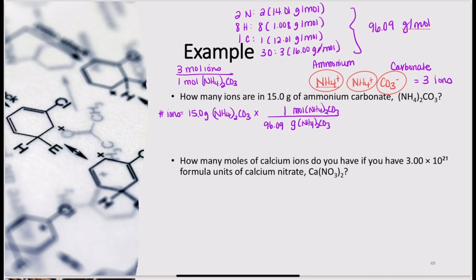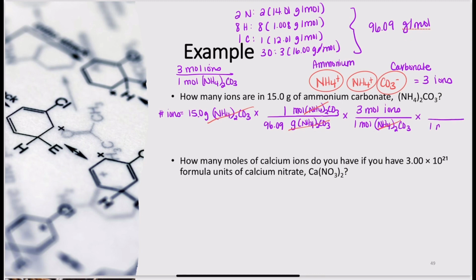So this correlation here just cancels out my grams, gets me to moles of ammonium carbonate. Now I can say, well, I know I have 3 moles of ions for every 1 mole of ammonium carbonate. But I don't want to just know number of moles of ions. I want to know how many ions.